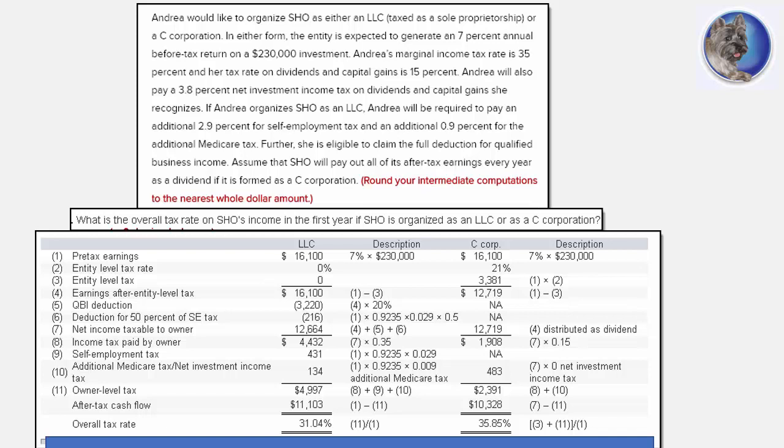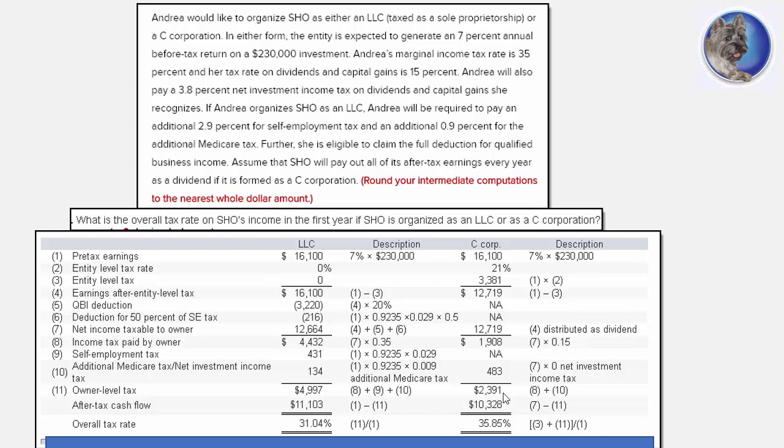Actually, to do an apples-to-apples comparison, that's not true on the corporate side. What you want to do is take the entity level tax and whatever the owner level tax would be from a C corporation.